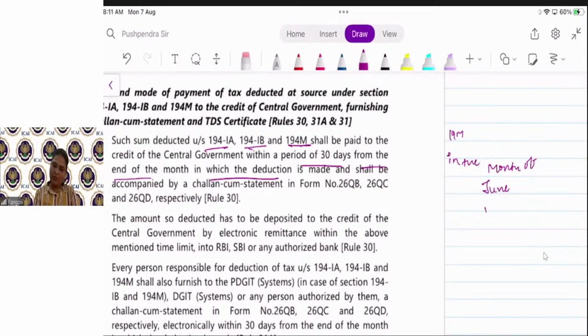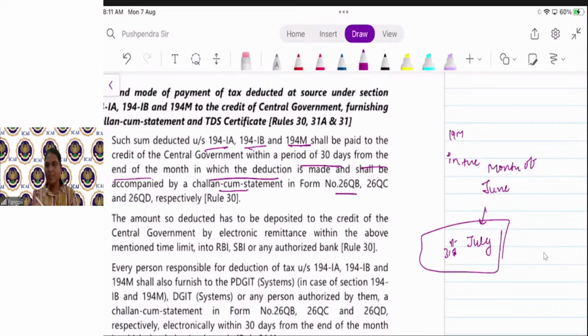Then you need to pay the TDS amount to the government till 31st July through challan-cum-statement, that is 26QB if TDS is deducted under section 194IA, 26QC, it is the name of challan-cum-statement.